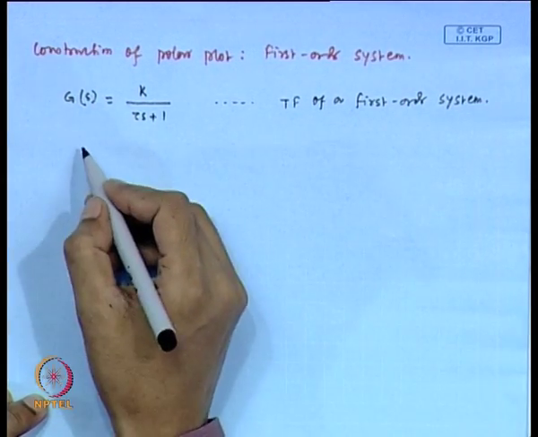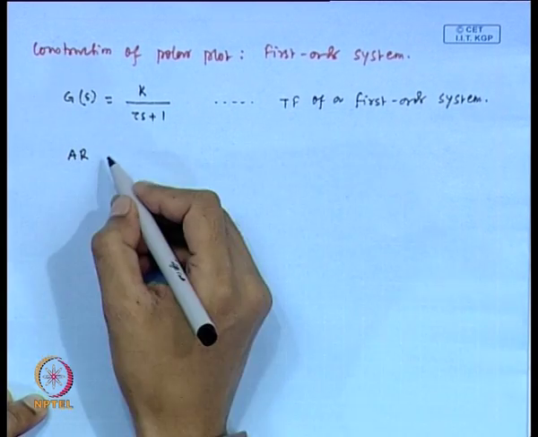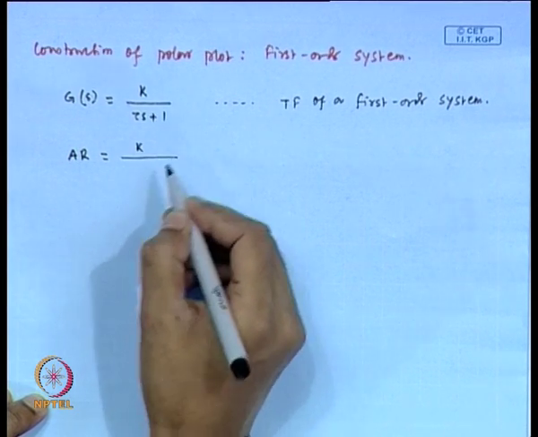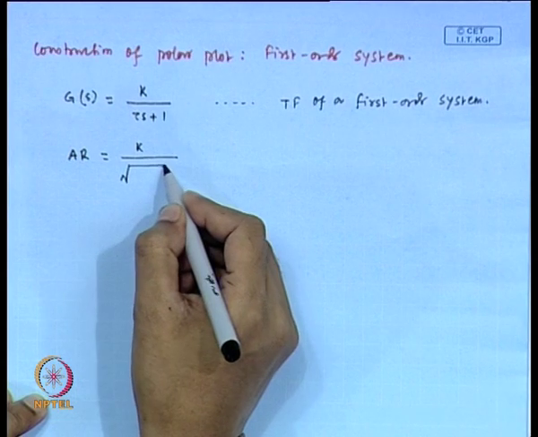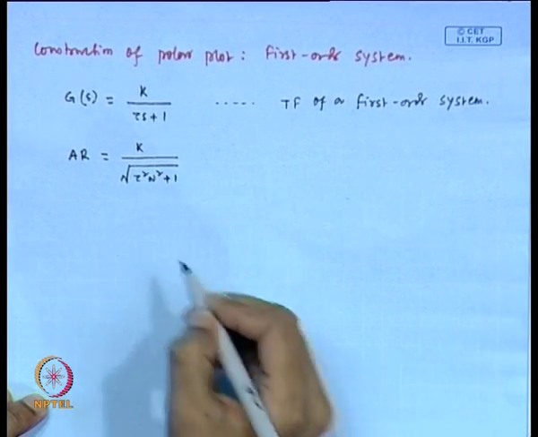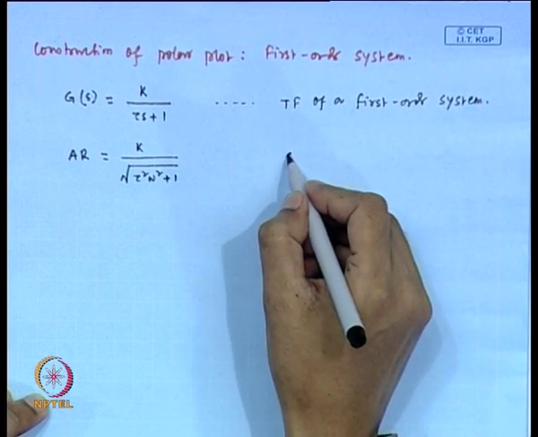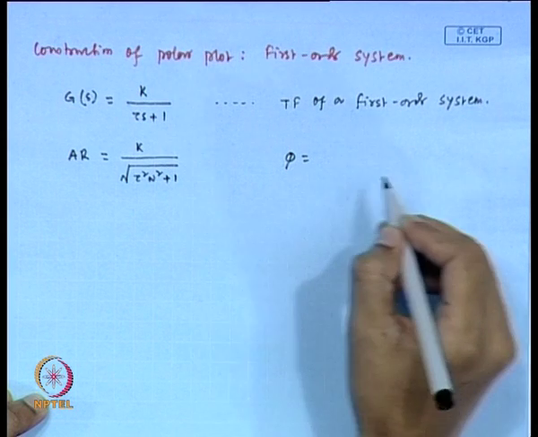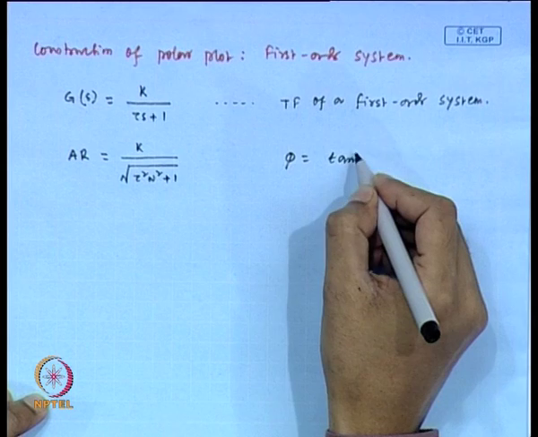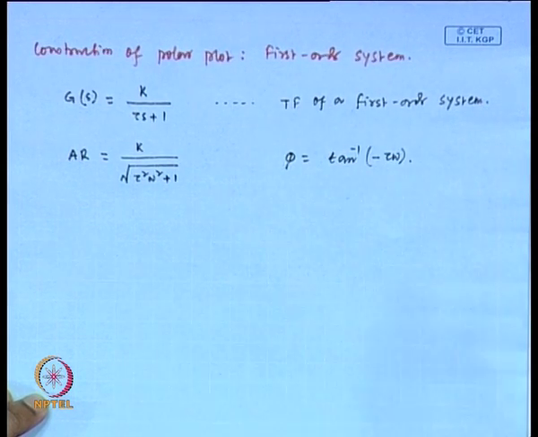We determine the expression for amplitude ratio, that is k divided by the square root of tau square omega square plus 1. We determine the expression for phase angle phi, that is tan inverse of minus tau omega.